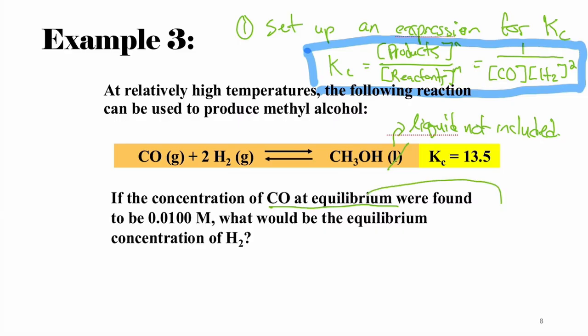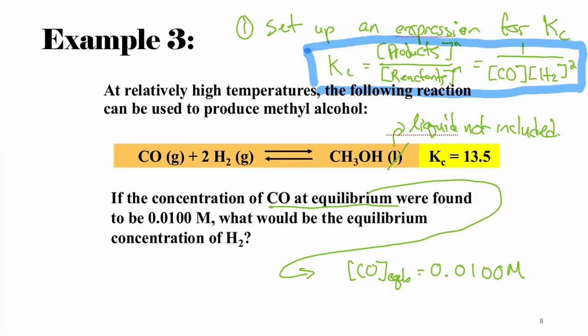This tells us the concentration of CO at equilibrium is 0.010 molar, right? And what else are we given? For the reaction, what else are we given? Kc. We're given the value of Kc, right?